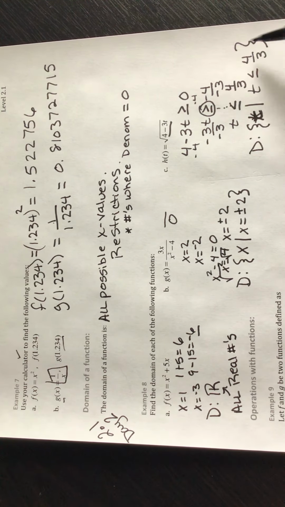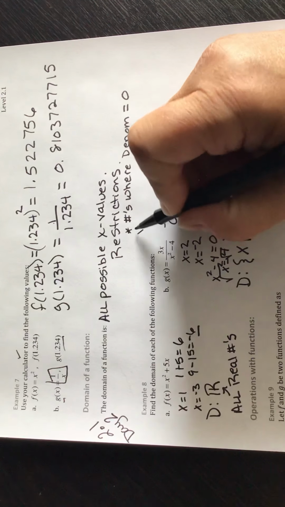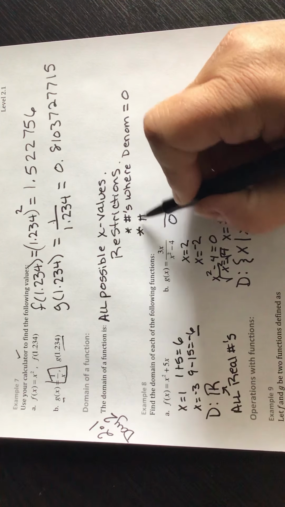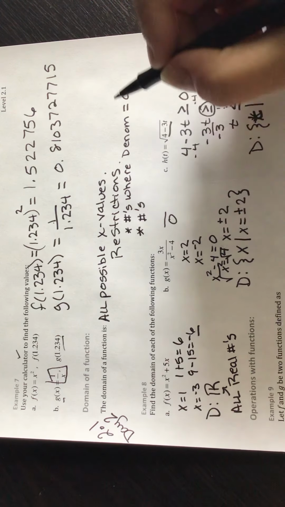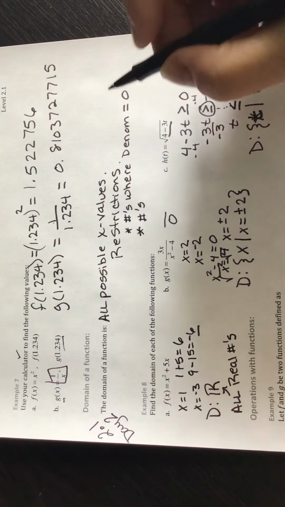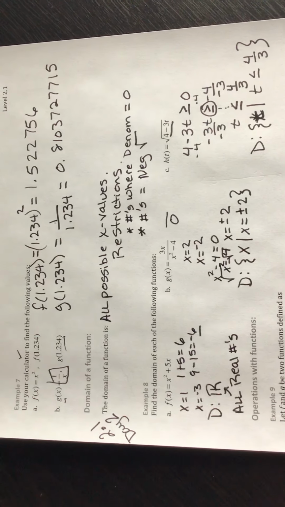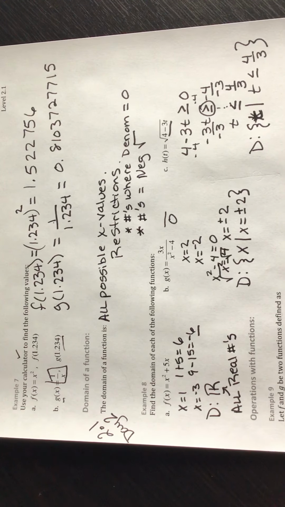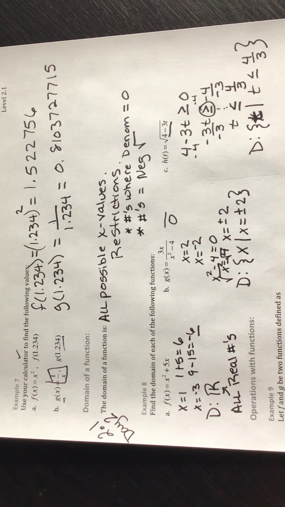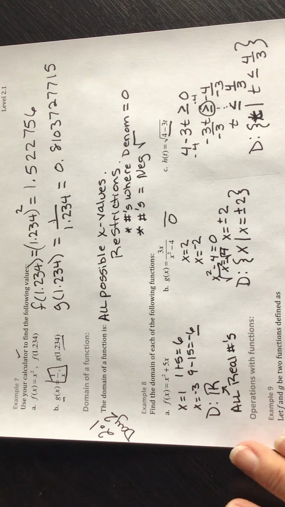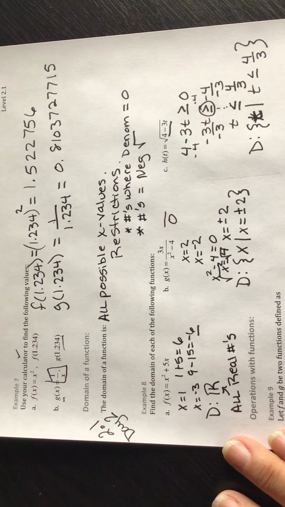Okay, so these are the only numbers that will work in this function. So these are other restrictions that we can look for, where the numbers will give us a negative number inside the square root sign. Those are the two big things that we're going to look for right now in terms of restrictions on our domain.